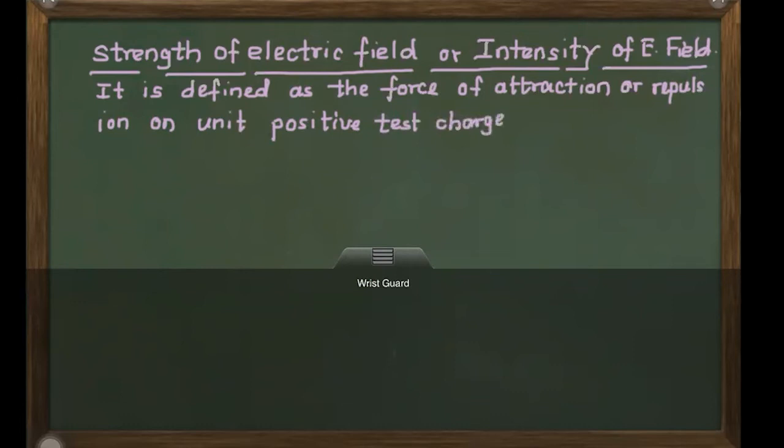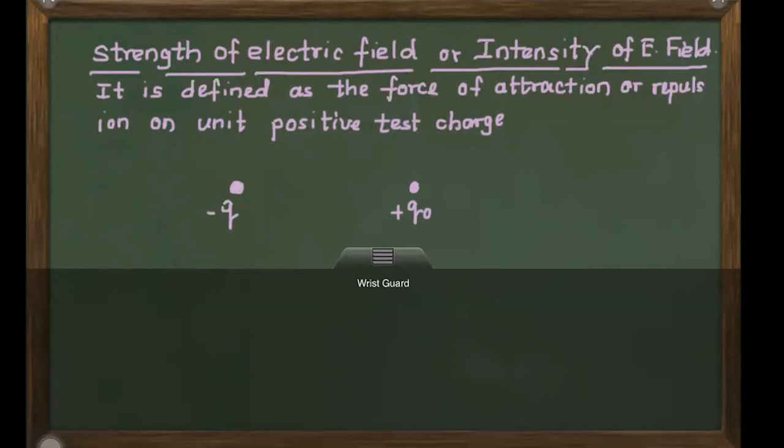Suppose I'm taking a source charge Q and a test charge Q naught, and I have told you that the test charge should be positive always.